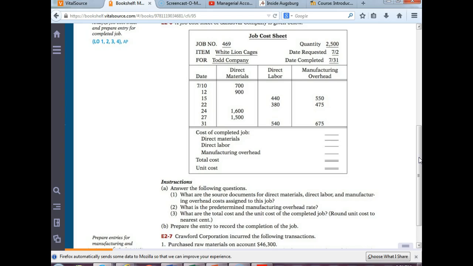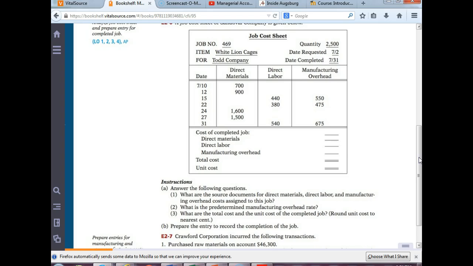Perfect. Predetermined overhead rates. What is the predetermined manufacturing overhead rate? Do you see a correlation? It's applied against direct labor.